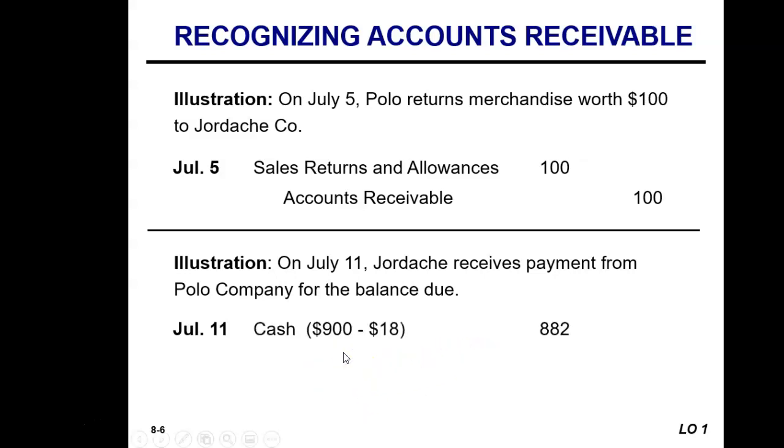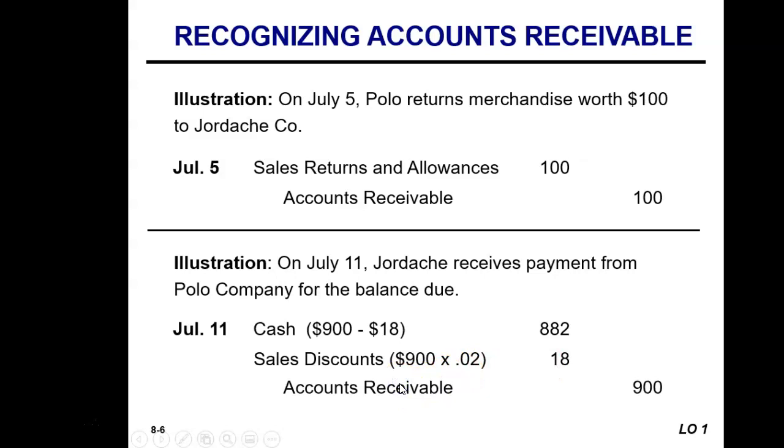So when the payment is received, the amount of cash received will be the amount owed, the $900, minus the 2% discount of $18. So we debit cash for $882. We recognize the sales discount for the $18, which is 2% of $900, and credit accounts receivable for the full amount of $900.